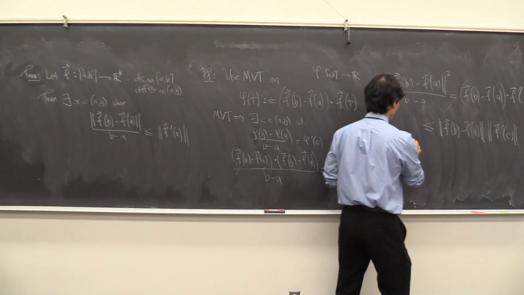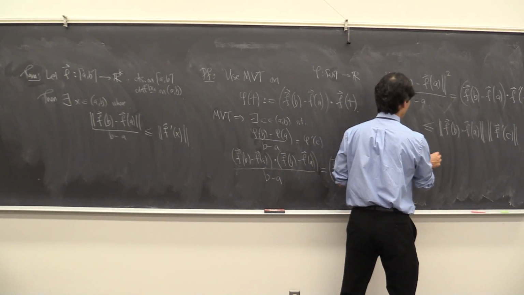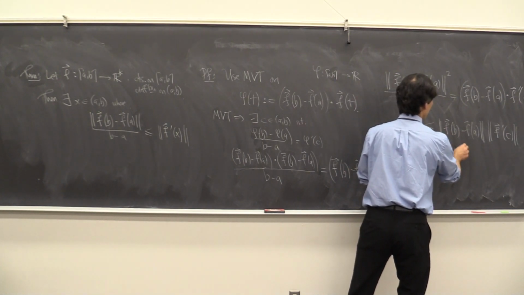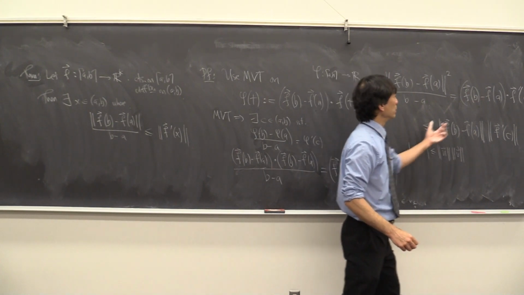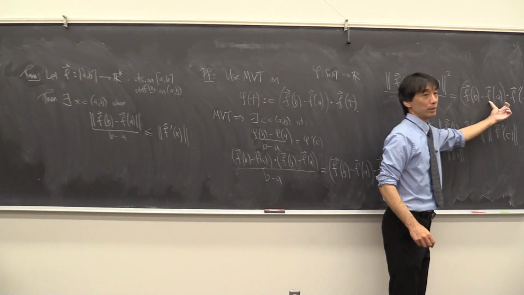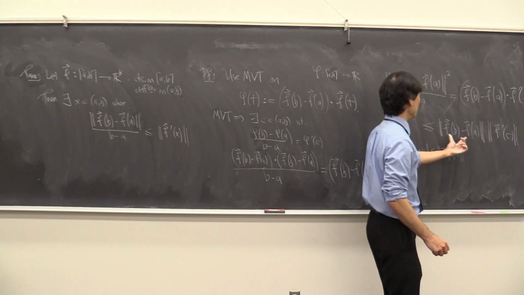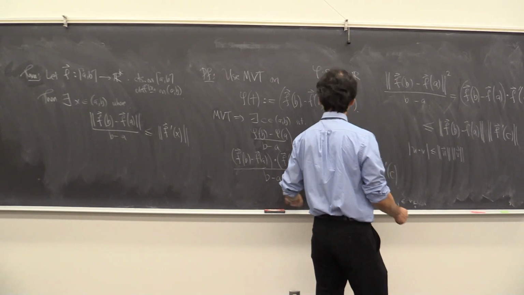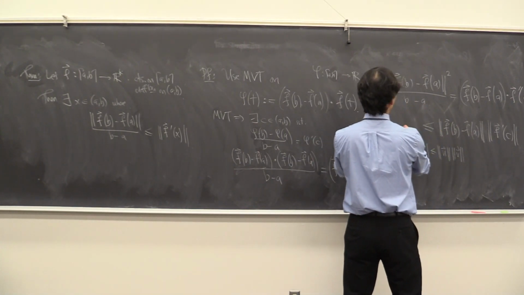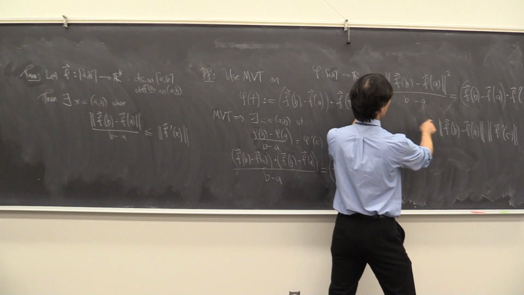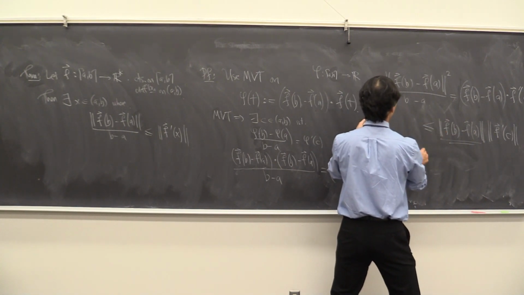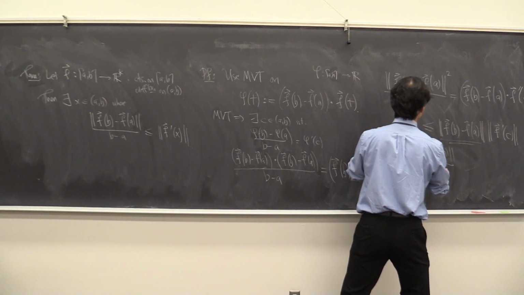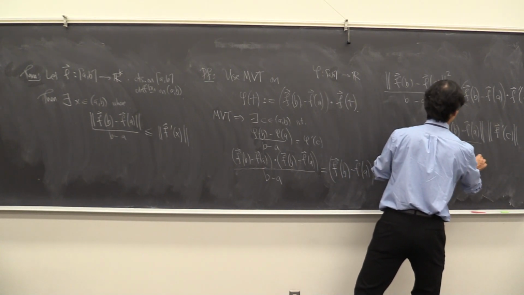I hope you remember the Cauchy-Schwarz inequality that says that the magnitude of the dot product is bounded by the product of the magnitudes of the two vectors. So here we have the dot product, and the dot product is controlled in size by the product of the magnitudes. And then we're done, because we just cancel off this thing from both sides, and we get that f of b minus f of a over b minus a is smaller than that.